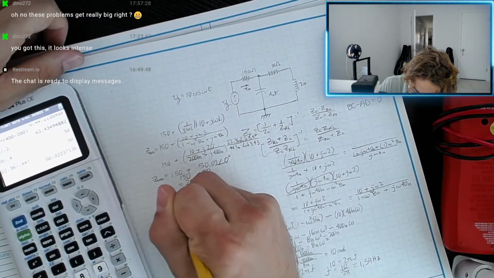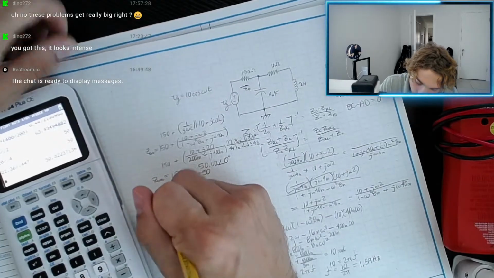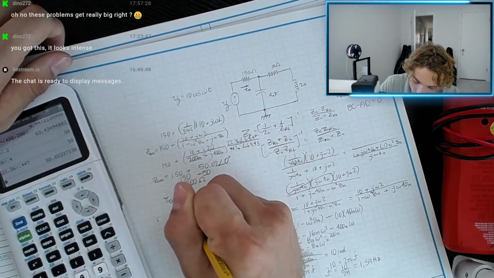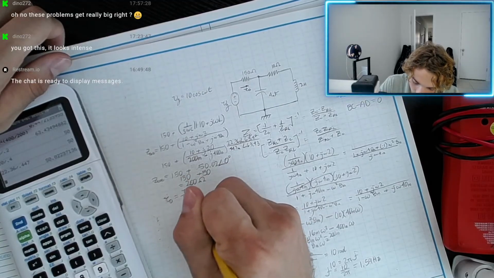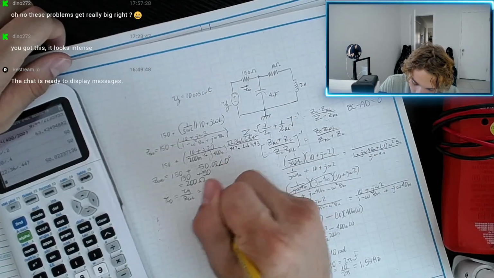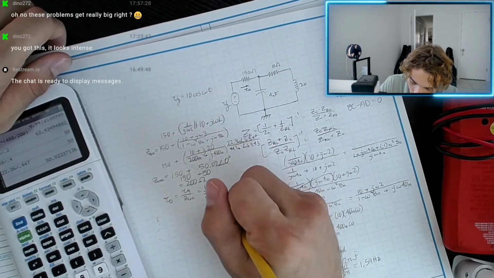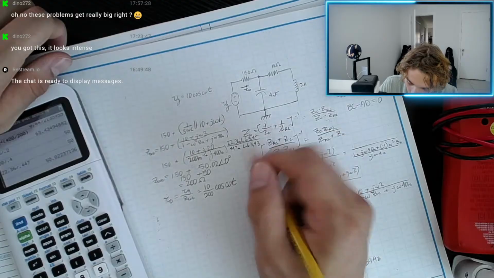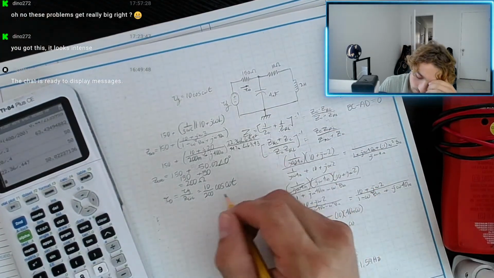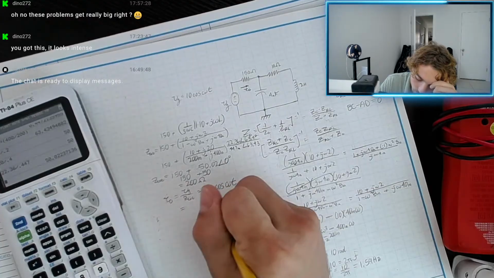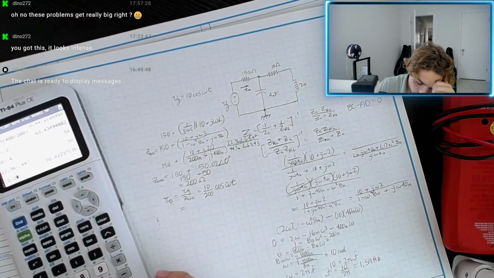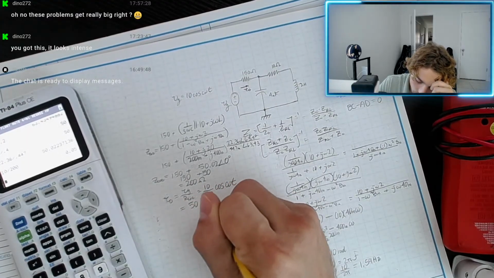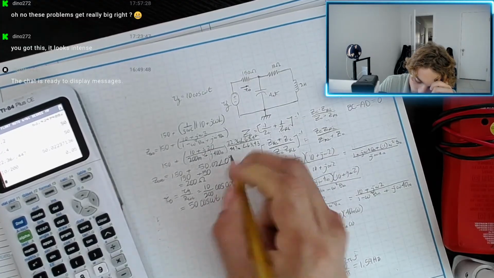So I out equals Vg divided by Z total, equals 10 divided by 200 cosine omega t. No phase change, equals 50 cosine omega t milliamps.